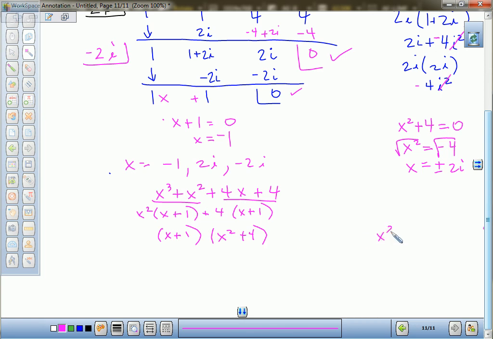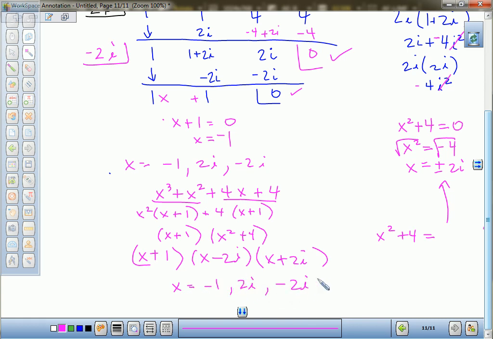And what happens when I solve x squared plus 4? I just did it. I would get x plus 1 and x minus 2i and x plus 2i. So my roots are negative 1, 2i, and negative 2i.